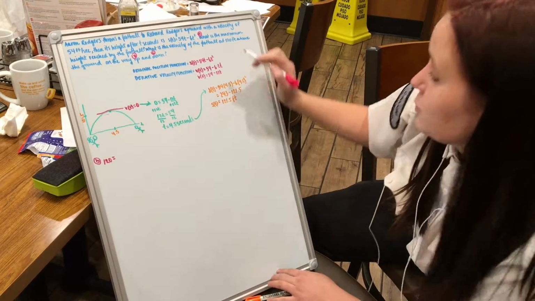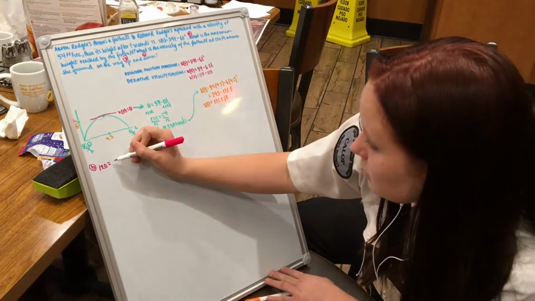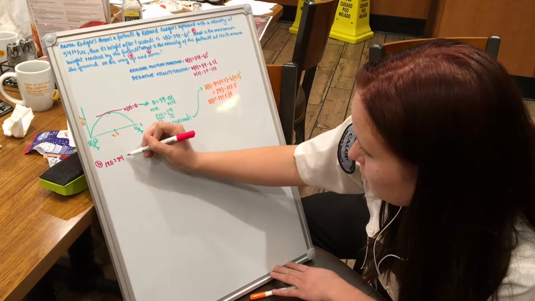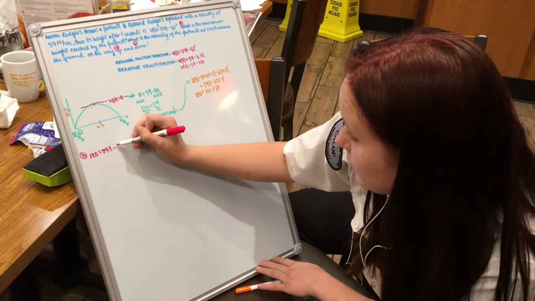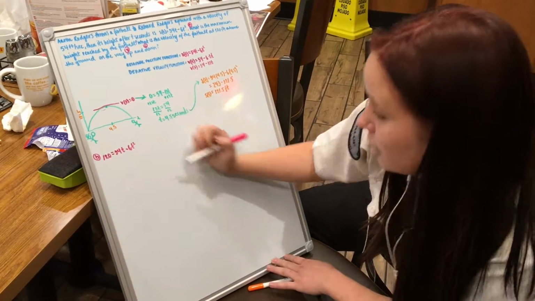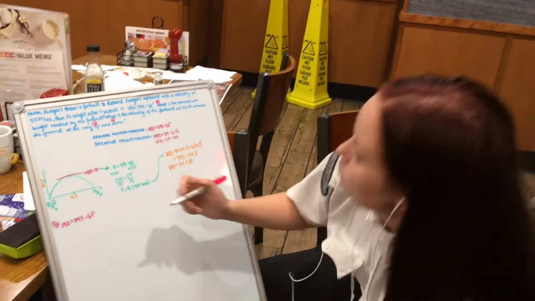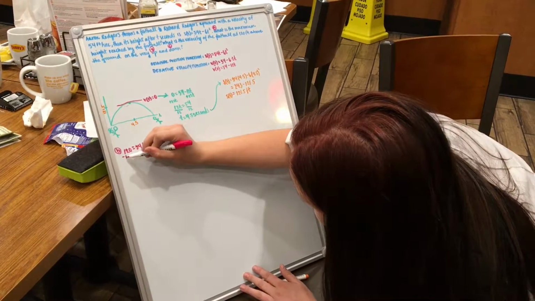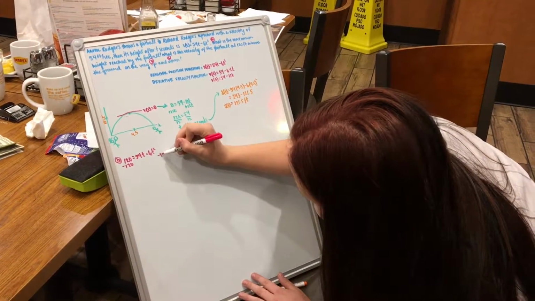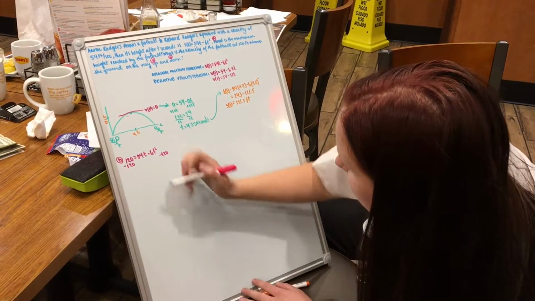And since it's a height, let's plug it into our position function. 54t minus 6t squared. Now, first thing we're going to do is move 120 onto our right-hand side.